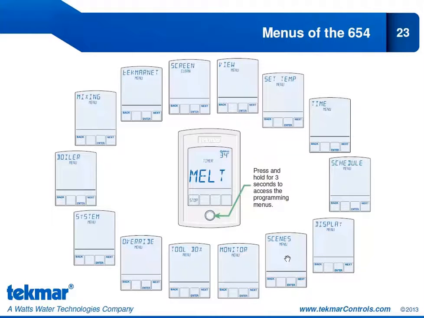The Scenes menu. Monitor. Toolbox. Override menu, which is new to a snowmelt control, but you may be familiar with it from the Boiler Control 284. Our System menu, Boiler menu, Mixing menu, TechMarNet menu, and finally the Screen Clean menu.